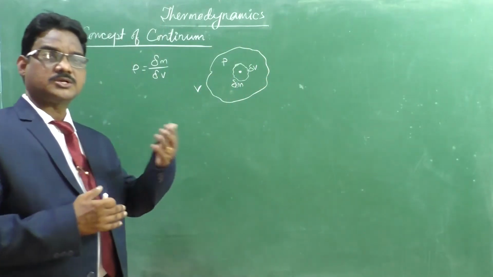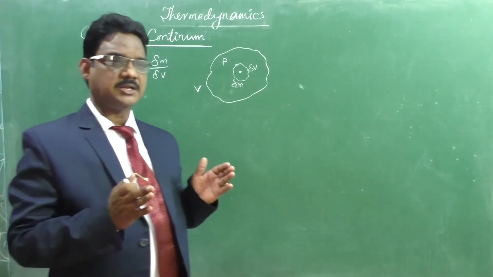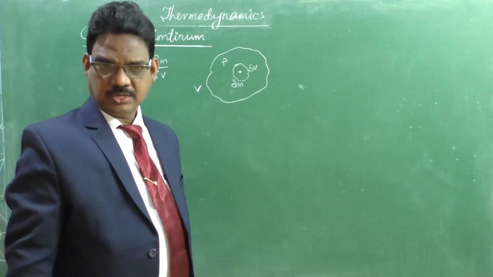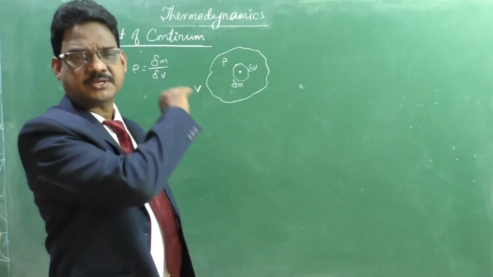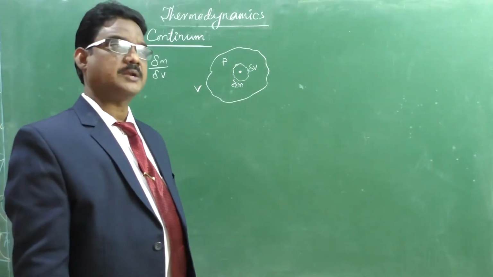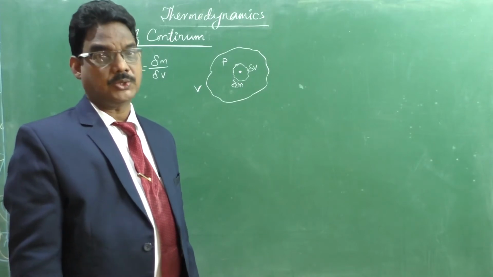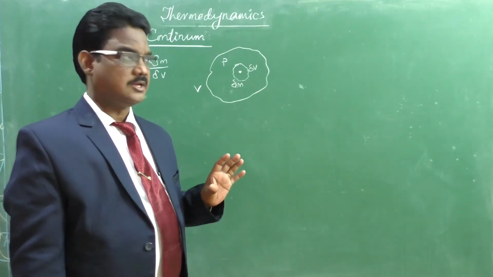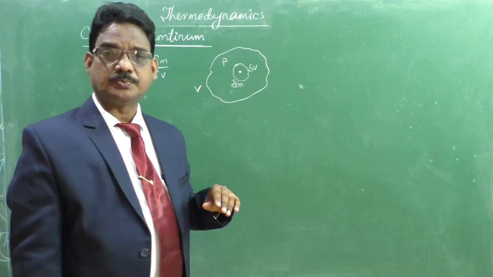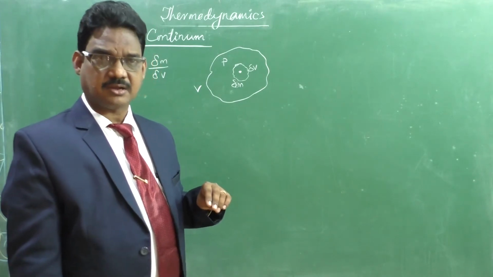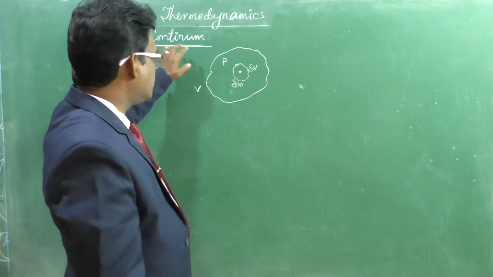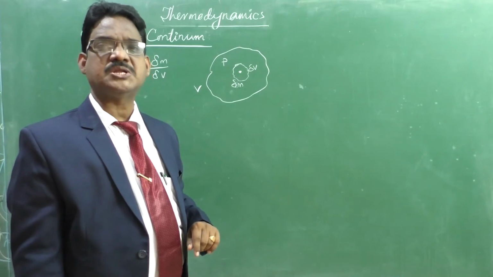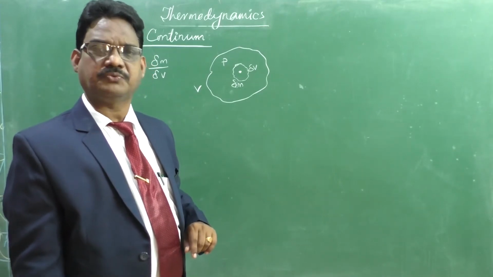From that point onwards, we can consider the matter as continuous, and it gives the statistical average of all the properties. Therefore, that property we can apply for the total system. That type of consideration is taken for macroscopic thermodynamics. This is called the concept of continuum, that means the matter is continuous and properties are uniform.